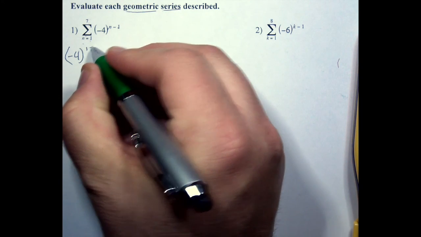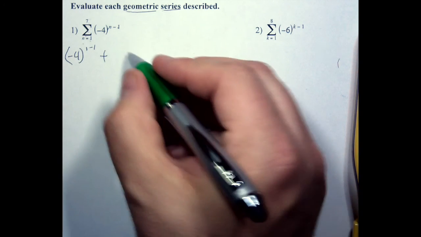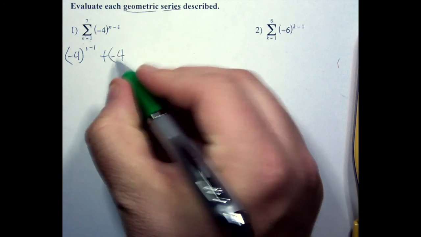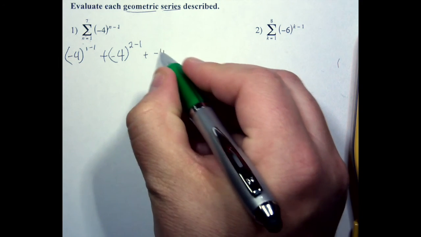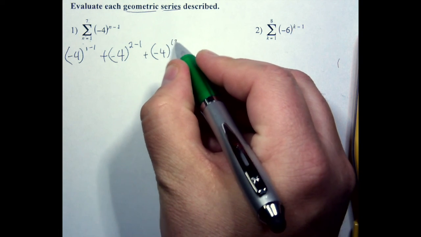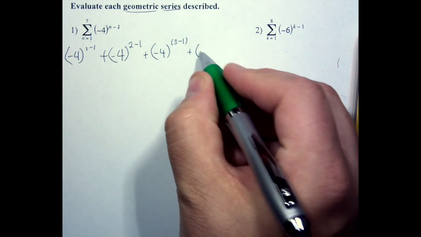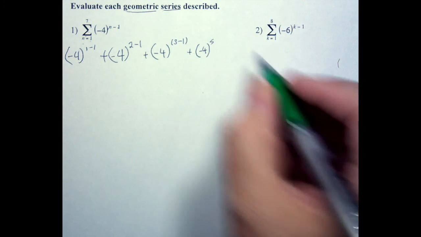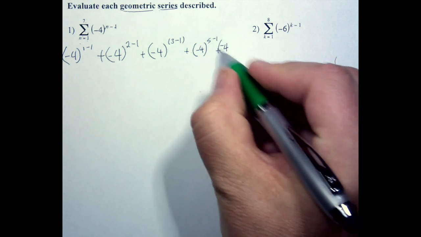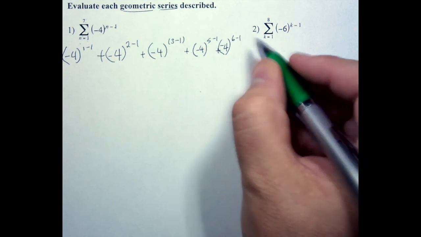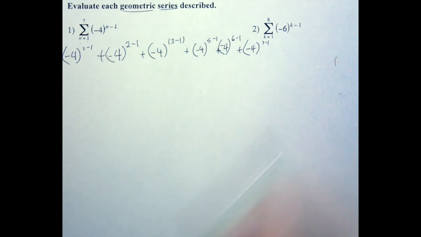So I'm going to say negative 4 raised to the 1 minus 1, plus, that's why we call it summation notation, negative 4 raised to the 2 minus 1, plus negative 4 raised to the 3 minus 1, and then plus negative 4 raised to the 5 minus 1, plus negative 4 raised to the 6 minus 1, plus negative 4 raised to the 7 minus 1.